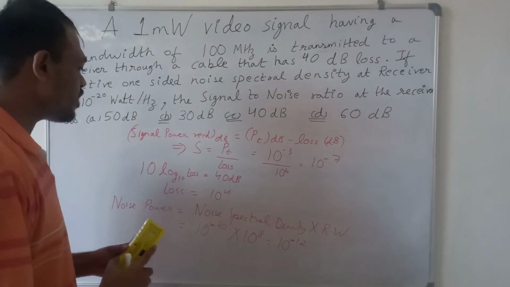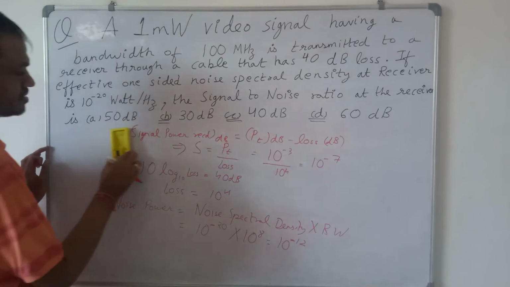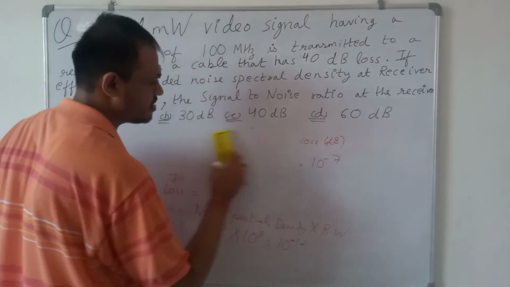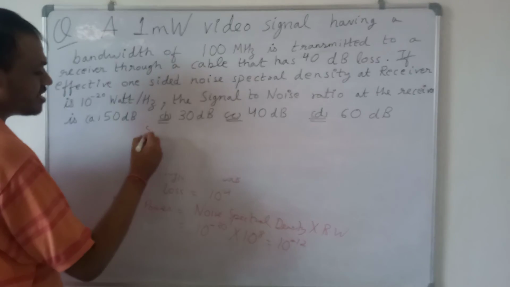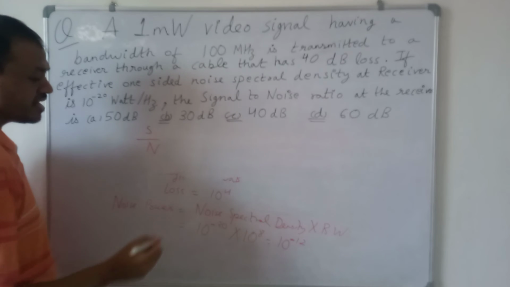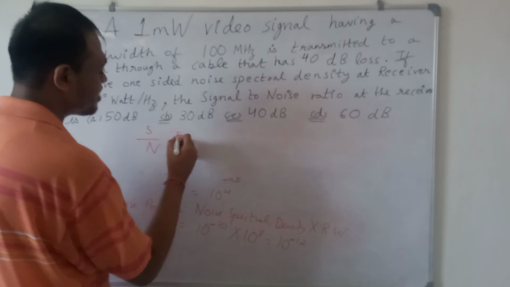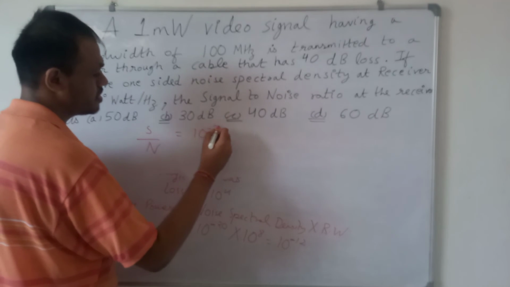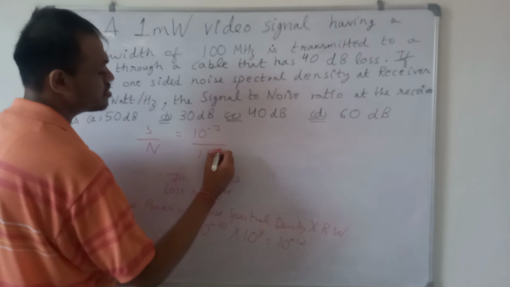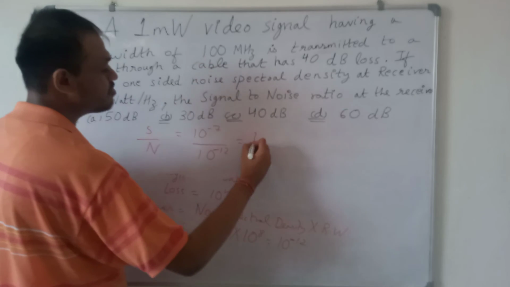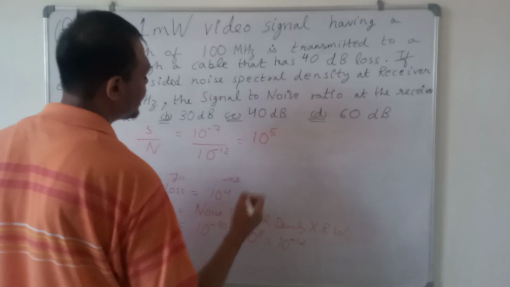So the signal to noise ratio will be equal to the signal power we found to be 10 to the power minus 7, and the noise power we found to be 10 to the power minus 12. So that is 10 to the power 5. This is without dB.